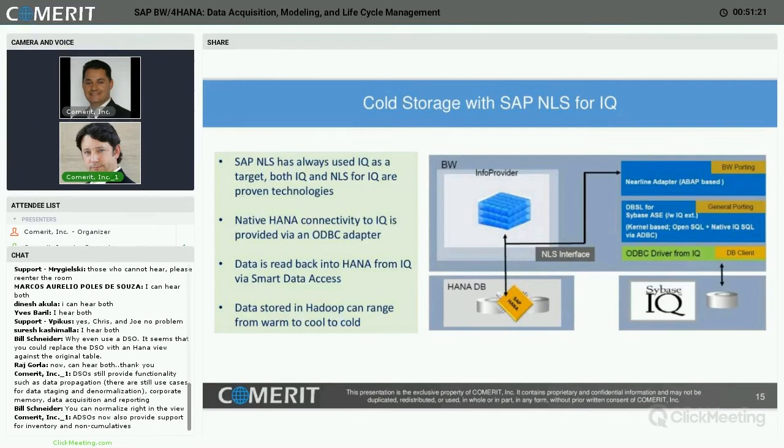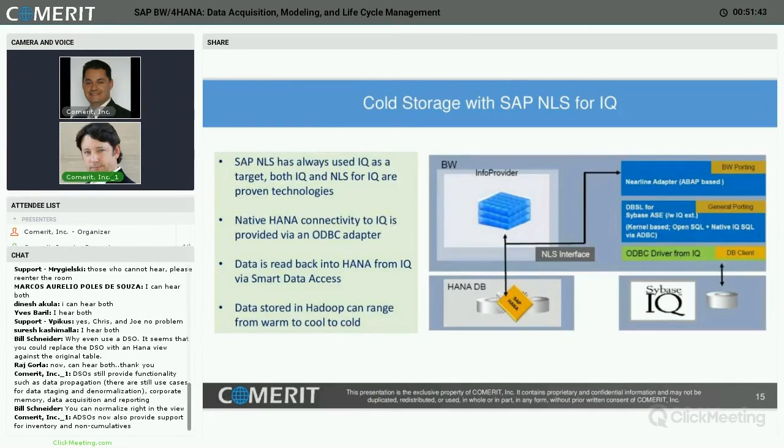It just doesn't have the always-in-memory component. It is a different engine than HANA, but with the latest improvements, the IQ engine is now sending back data in a format that's readable by HANA, so it's even faster than it was before.